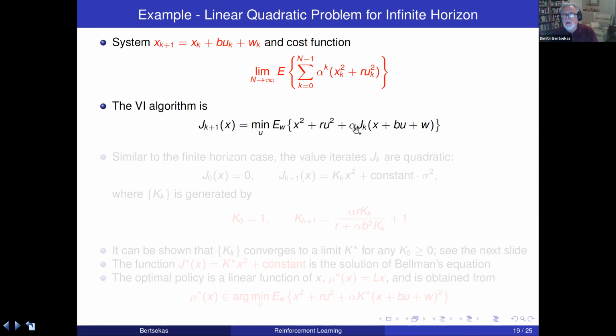First stage cost plus the cost from the previous iteration from the next state that we land, discounted by alpha. This is just the value iteration for this particular system equation and this particular cost function. And we take the expected value over W of this expression here, minimize over U, and this gives us a function of X. X here is a scalar, so this is a function over the real line, okay?